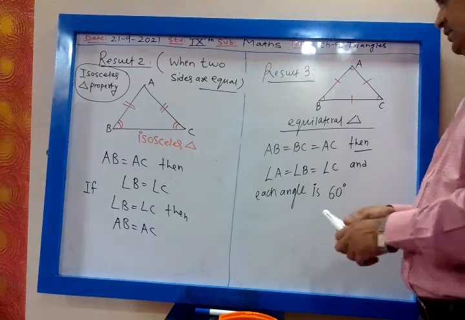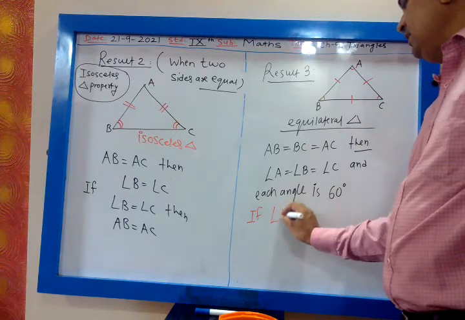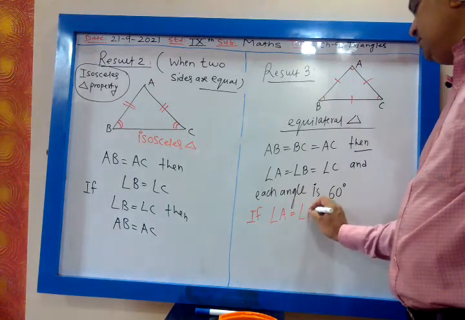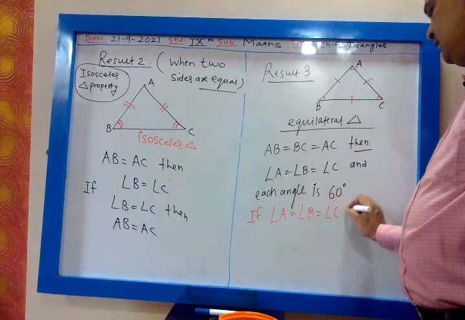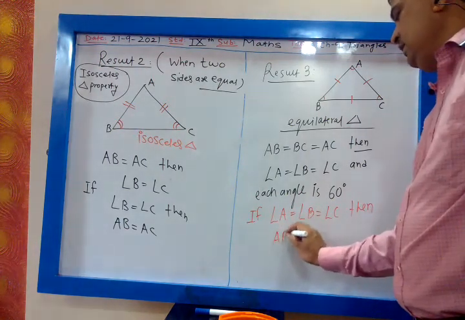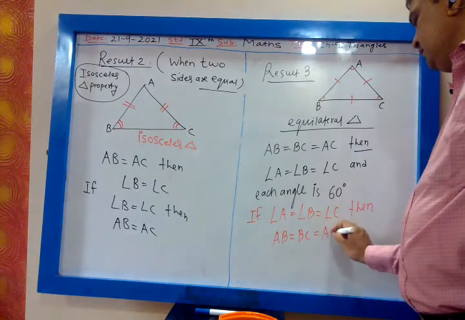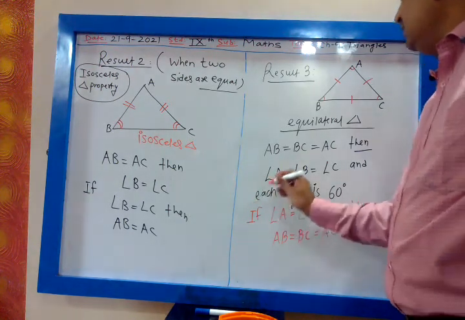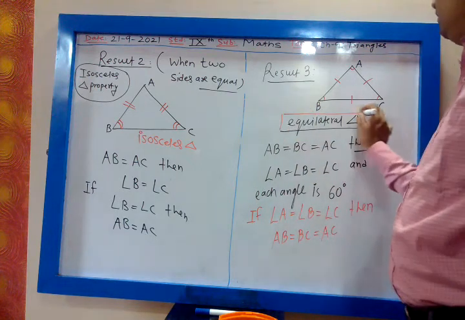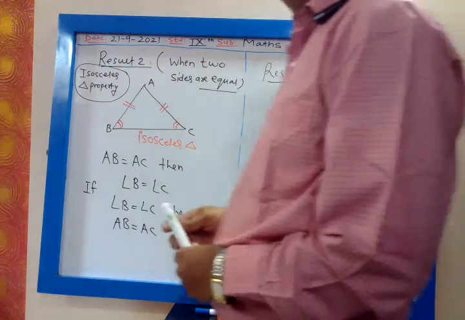Similarly, it is reversed also. If all three angles are equal, angle A is equal to angle B is equal to angle C, then all three sides are also equal, AB is equal to BC is equal to AC. So whenever all three angles are given equal, you will apply the equilateral triangle property.